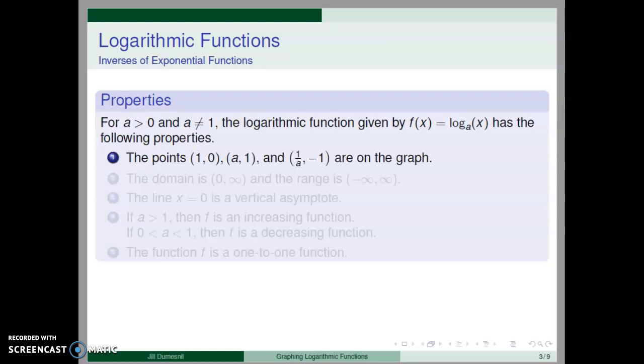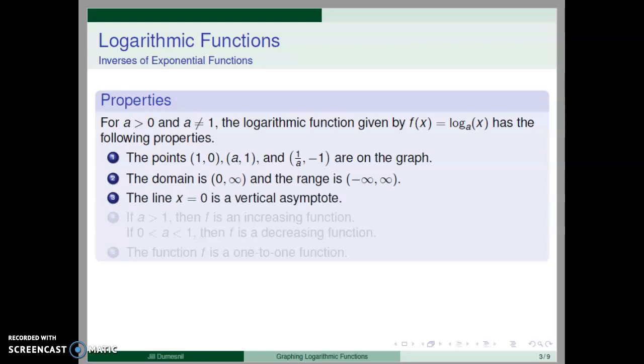Since inverse functions reverse all ordered pairs, the points (1, 0), (a, 1), and (1/a, -1) are on the graph of the logarithmic function. The domain of the logarithmic function is the interval from 0 to infinity, or positive real numbers, and the range is the interval from negative infinity to infinity, or all real numbers.